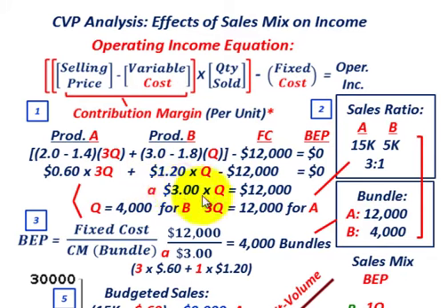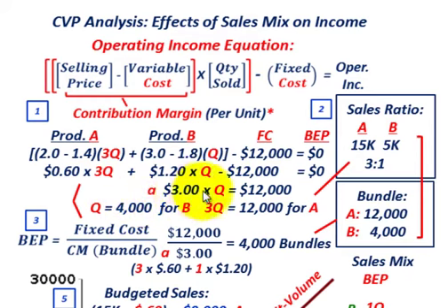The total contribution margin is $1.80 plus $1.20, which is $3. So $3 times Q equals our fixed cost moved over to this side of the equation. Just dividing Q out, we get Q equal to 4,000.